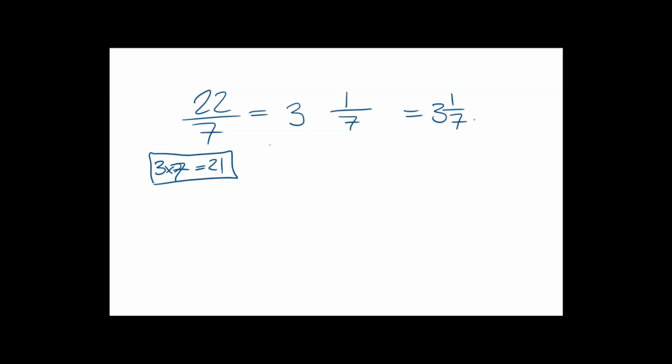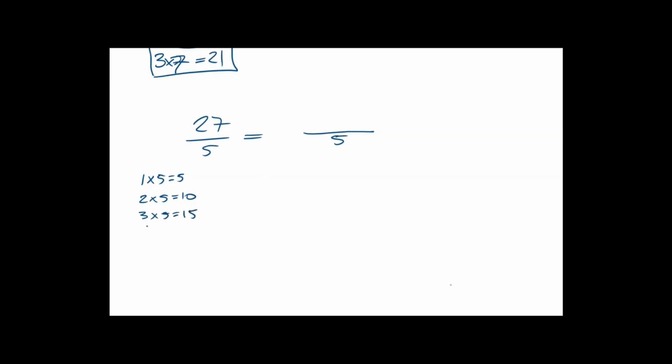So far so good. Let's do a couple more and then we'll do things the other way around. 27 divided by 5. Okay, let's put 5 down the bottom here. And now we need to know our 5 times tables again. So 1 times 5 is 5. 2 times 5 is 10. 3 times 5 is 15.